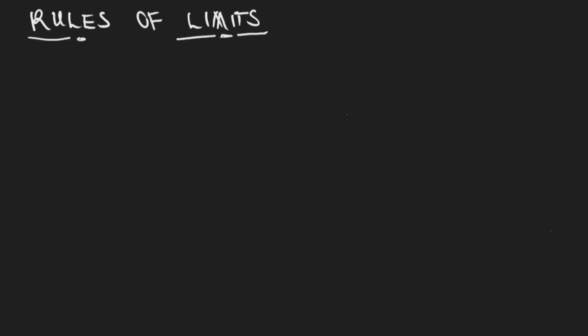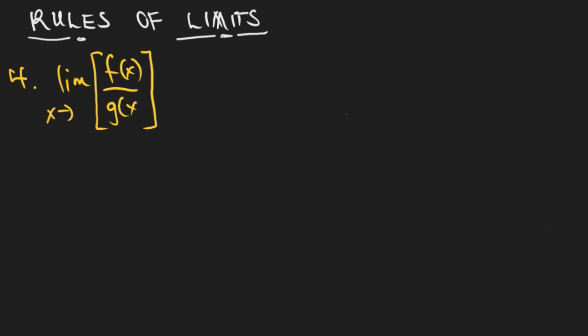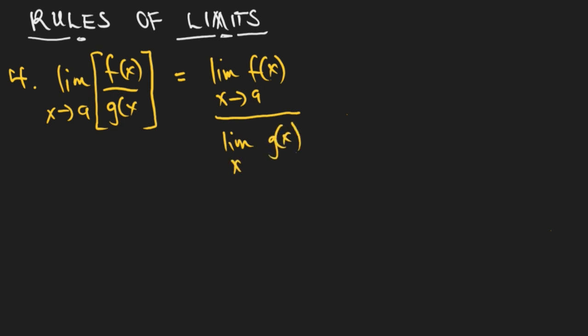So for rule number 4, if I have the limit of f of x over g of x as x approaches a, this is equal to the limit of f of x as x approaches a over the limit of g of x as x approaches a, where the limit of g of x should not be equal to 0 as x approaches a.